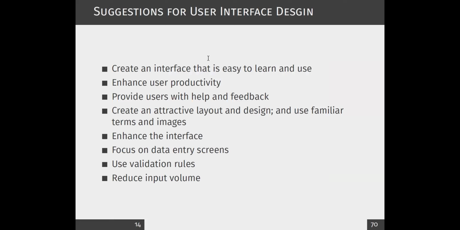Right. So what are the things you have to focus on when you are designing an information system? First one is we have to make it very simple, right? Do not include too many things on a small screen. It should be very simple and easy to use. The idea of the user interface is to enhance user productivity. You are going to improve it, right? So always provide help and feedback.